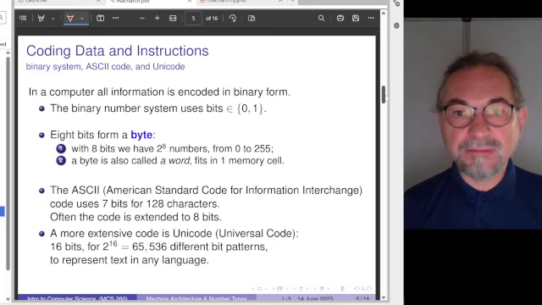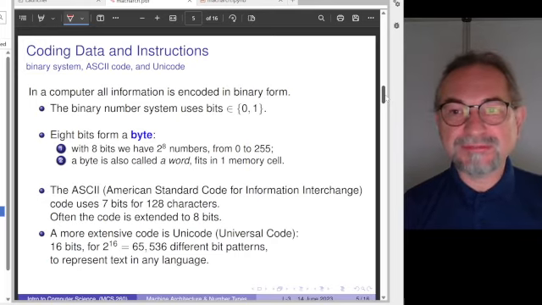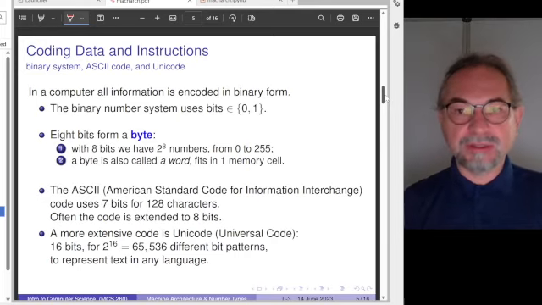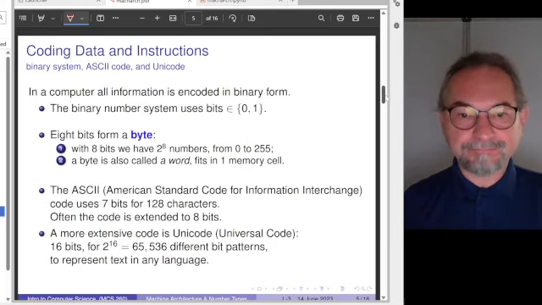In binary, we use bits. 8 bits form a byte, so this is why the octal number system might be appropriate as an alternative number system. A byte is one memory cell. Typically, you cannot locate any item bit by bit, but you can locate them as a byte.